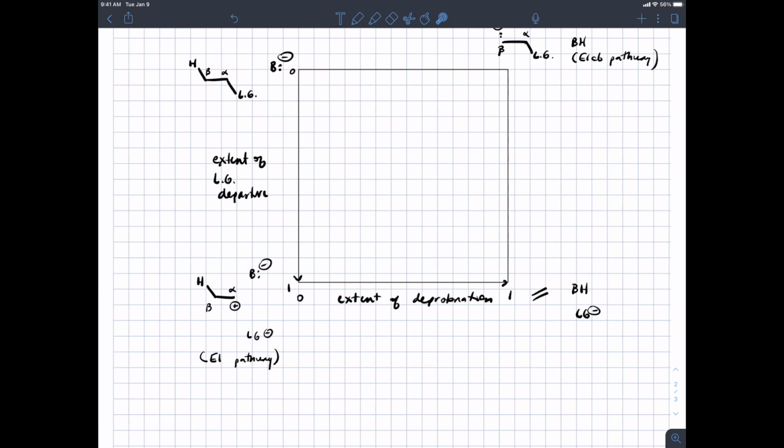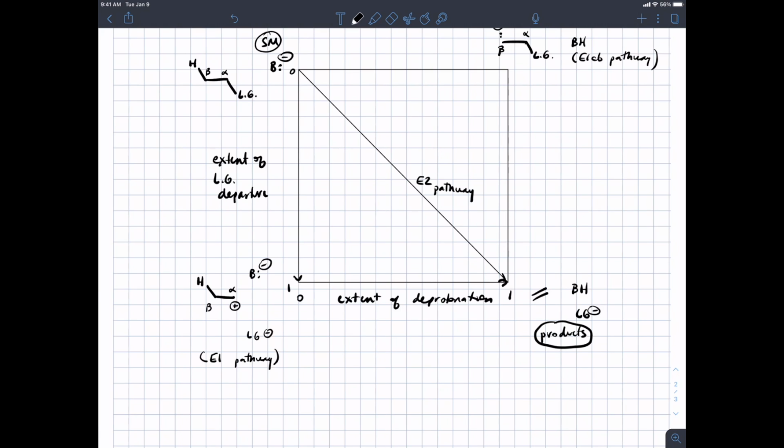So there are multiple ways we could get from the starting materials to the products. If we go straight on this line in between the upper left-hand corner and the lower right-hand corner, this would be the E2 pathway.